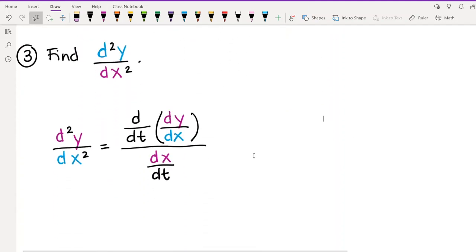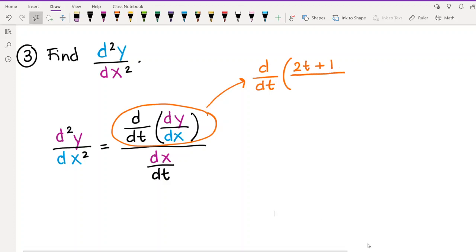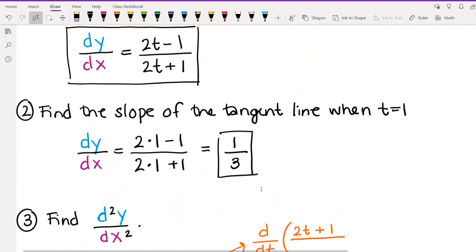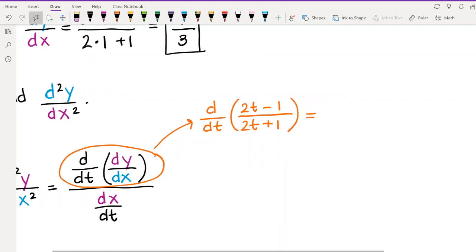And so the first thing we need to do is focus on taking the derivative with respect to t again of this. So this is going to be d/dt of what we had before, right? It was 2t minus 1 over 2t plus 1. So how do we take a derivative of something like this? Well, we actually have to use the quotient rule. So how does the quotient rule work? Well, we take the derivative of the numerator first.